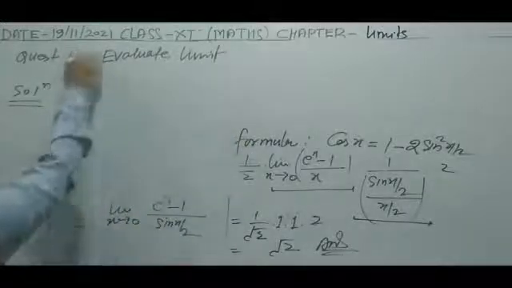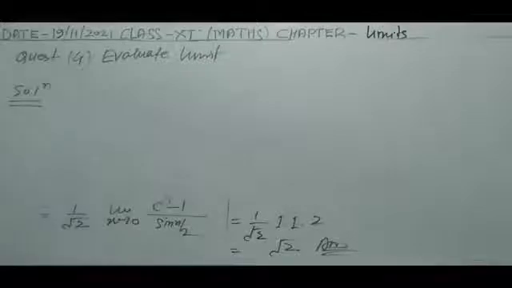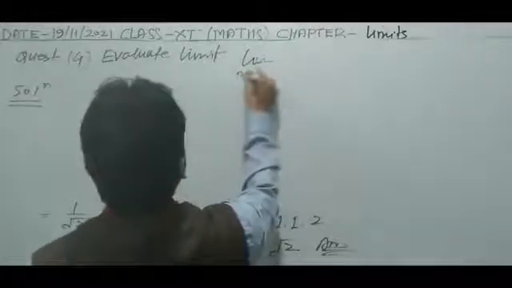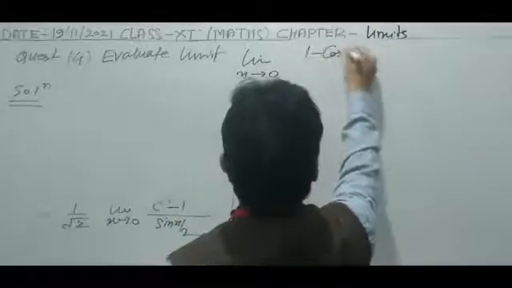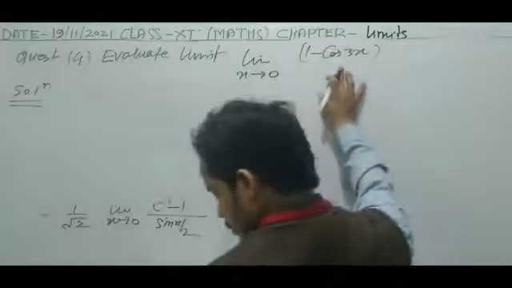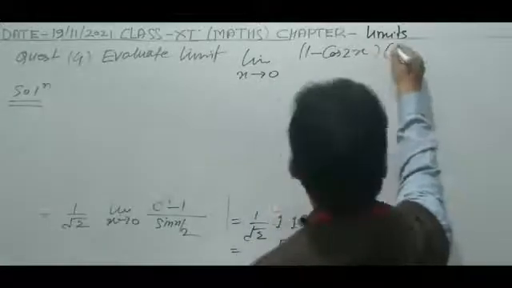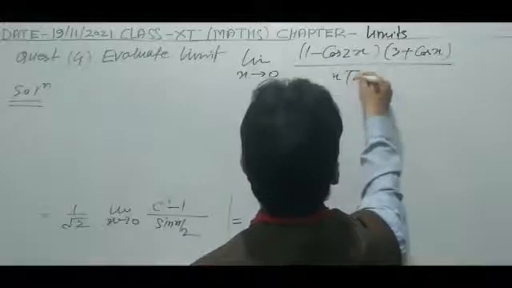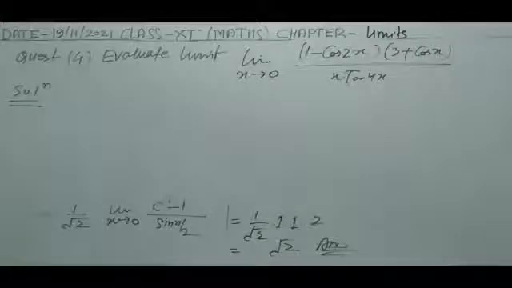Now question is limit x tends to 0, 1 minus cos 2x, not 3x, 1 minus cos 2x, and 3 plus cos x whole upon x times tan 4x. So this question we have to evaluate.